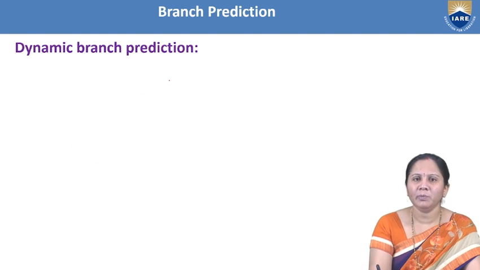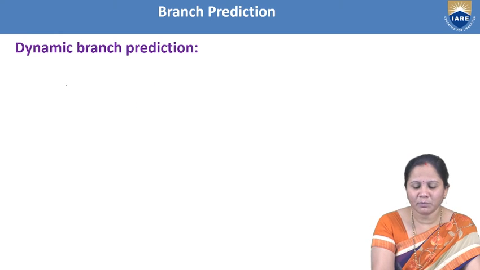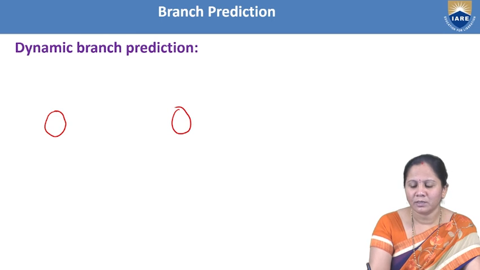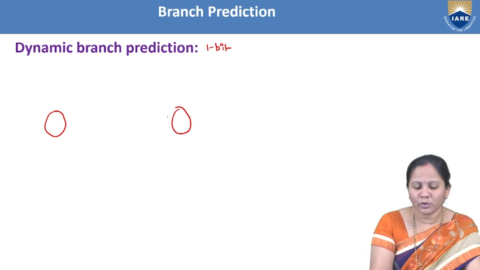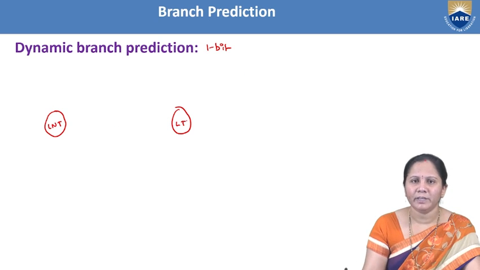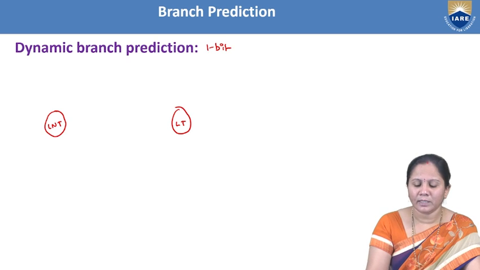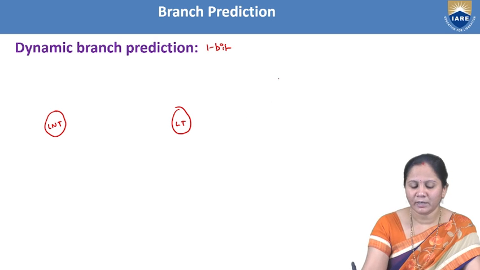This dynamic branch prediction can be done with 1 bit or with 2 bits also. This is an example for 1 bit branch prediction. You can consider here this is the LNT state and this is the LT state.